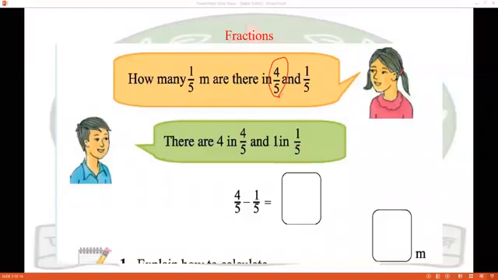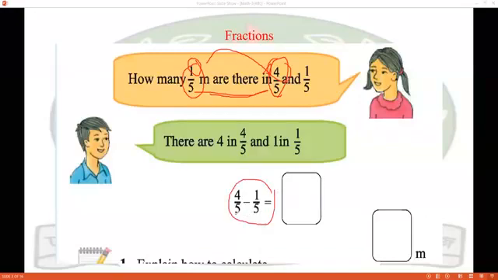Finally we find that there are 4 of 1 by 5 in 4 by 5, obviously, because the 5 and 5 are the same. So here the numerator is 1 and the other numerator is 4. So 4 of 1 by 5 remain in 4 by 5, and then 1 by 5. So we have calculated this.